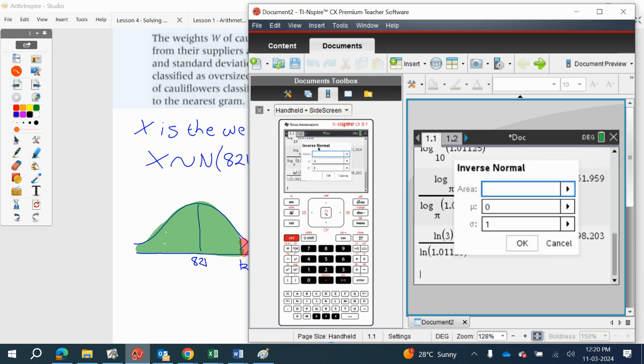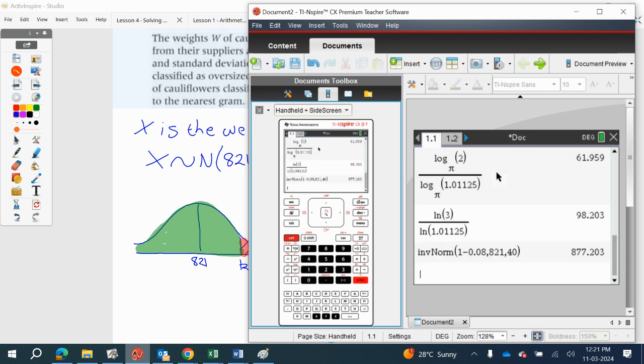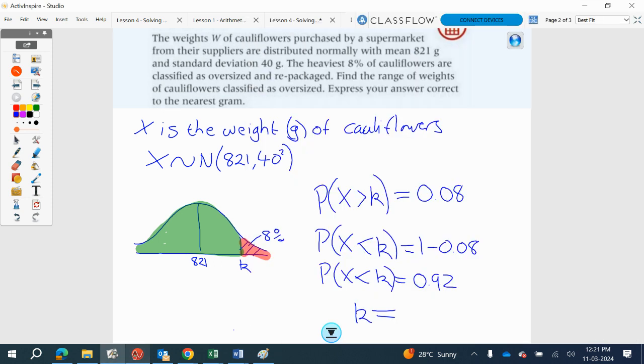We can type the area in like this if we want, as 1 minus 0.08, and it'll do the calculation for us. Our mean is 821, and our standard deviation is 40. We get 877. This tells us that k is 877.